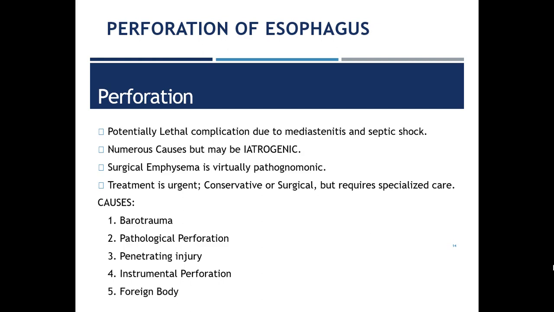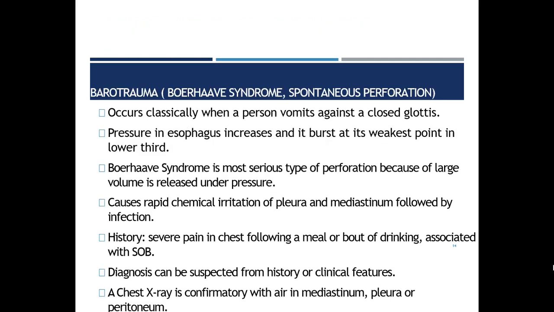Pathological perforation: patient may have a tumor which may get perforated, an ulcer which may get perforated, or penetrating injuries resulting in perforation of the esophagus. Instrumental perforation, as I told, is iatrogenic. Then foreign body, which children can swallow accidentally, or psychiatric patients, resulting in perforation.